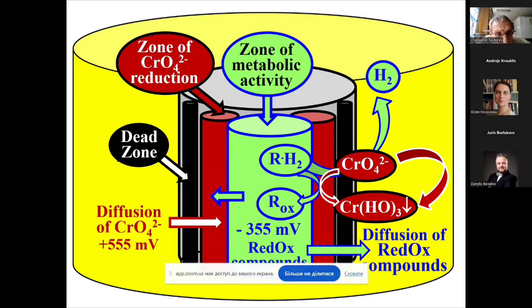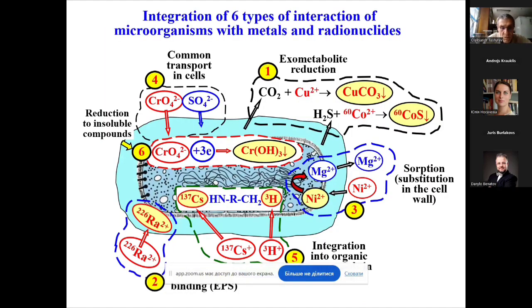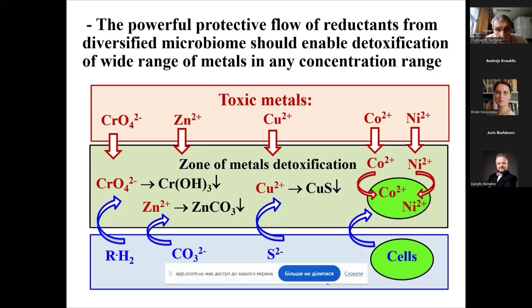One can see the process of without contact reduction of chromates by microbial low potential metabolites. On this picture, one can see all possible mechanisms of metals detoxification by a microorganism. There are sorption, reductive precipitation, and so on. They are rather well known, and I will not draw your attention to them.